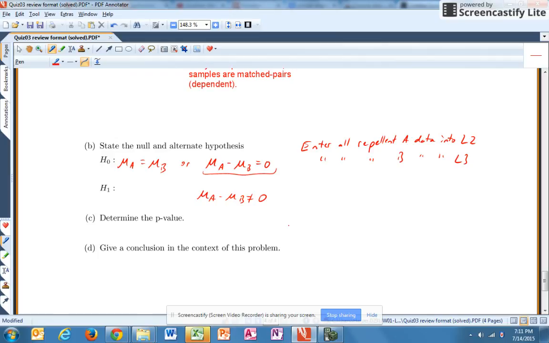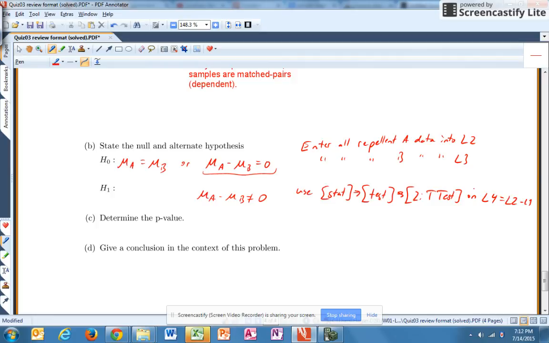Okay, so then what we're going to do is use stat, tests, and we're going to go to number 2, the t-test. On L4, which we're going to define to be L2 minus L3.